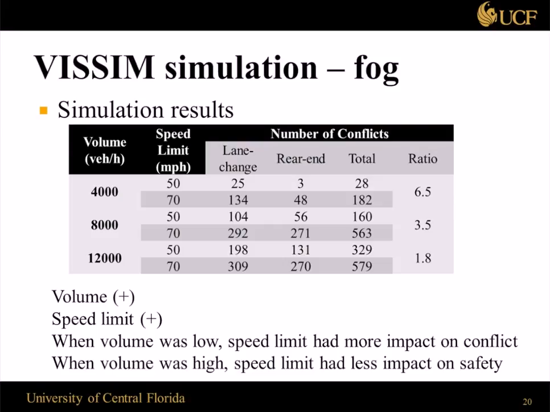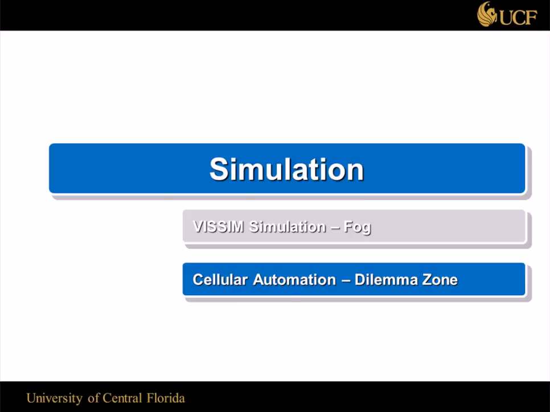So when the volume is pretty high, maybe decreasing the speed limit is not an effective way to improve safety. Then the simulation is also conducted for the cellular automata, and Yina will give the presentation.